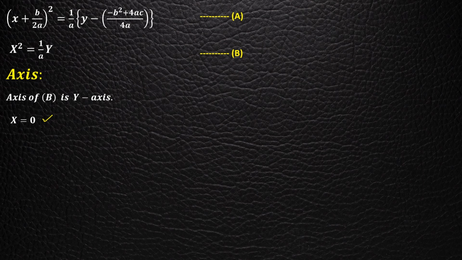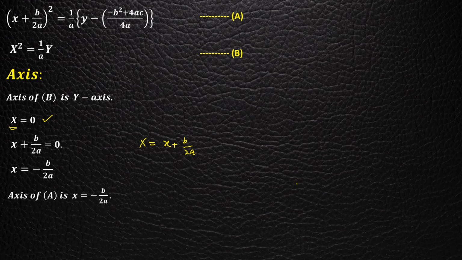Now we replace the value of capital X and we get x plus b over 2a is equal to 0. We know that the value of capital X is equal to x plus b over 2a. And this gives x is equal to minus b over 2a. And this equation is the axis of equation A.